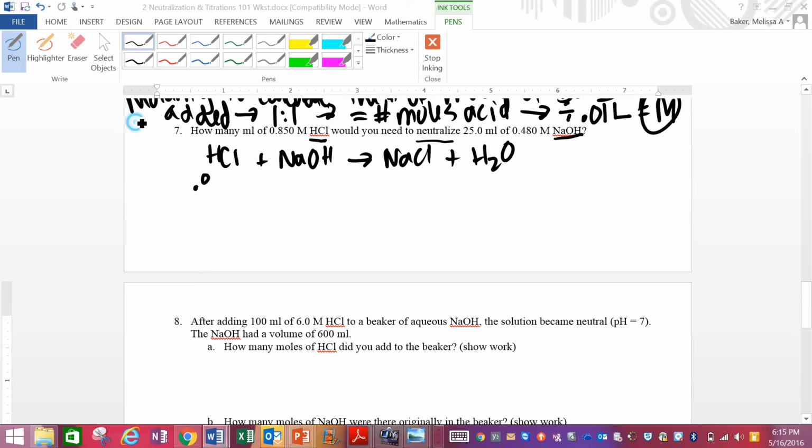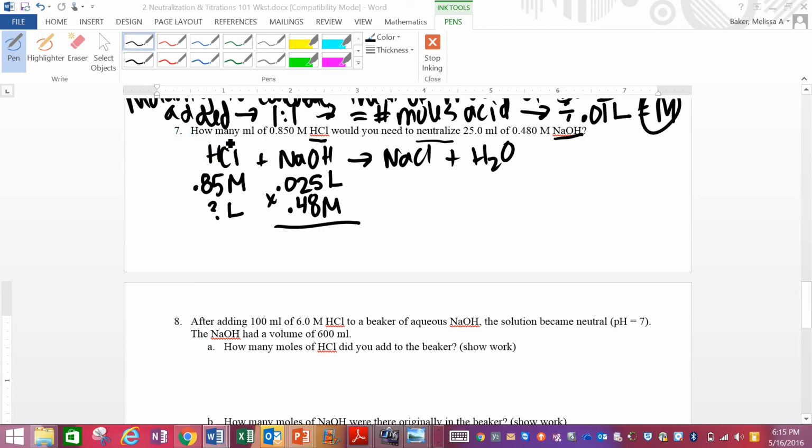We know we've got a 0.85 molar solution of the acid, and the question is, how many milliliters, or we can convert it at the end, how many liters of this acid would you need to neutralize 0.025 liters of a 0.48 molar solution of base?